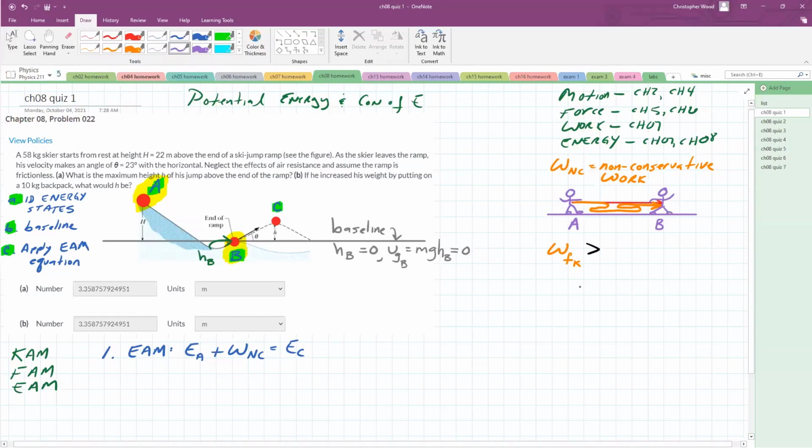F sub k is a non-conservative force. What does that mean? A non-conservative force is path dependent. So F sub k is a non-conservative force.